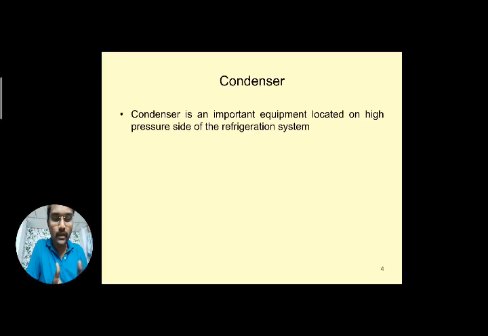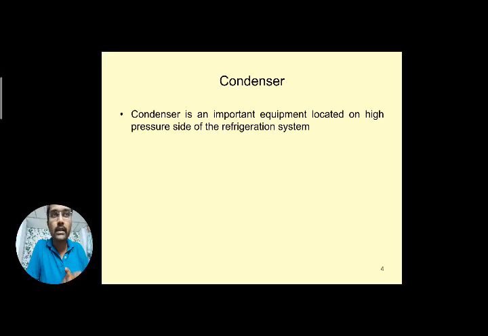So it is placed between the compressor and the expansion valve, and it is on the high pressure side of the refrigeration system. In air conditioning components like split air conditioners, the condenser and the compressor are both high pressure side systems. Both components are placed as an outdoor unit, at the top roof of the building.